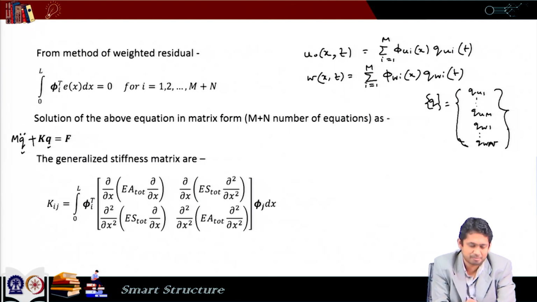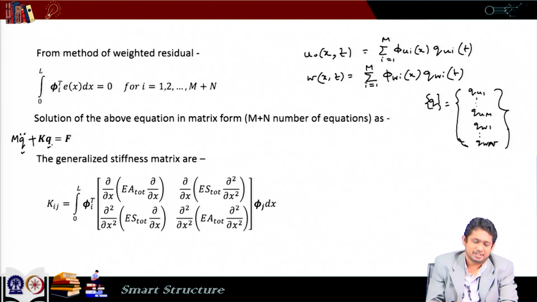So, here we have got rid of all the partial derivatives. Now, when the problem was a static problem, from the partial differential equation, after applying the Galerkin technique, we got a set of algebraic equations. K q is equal to f was an algebraic equation, but now the problem has a dynamic nature. So, instead of having an algebraic equation, we are getting a system of ordinary differential equations.